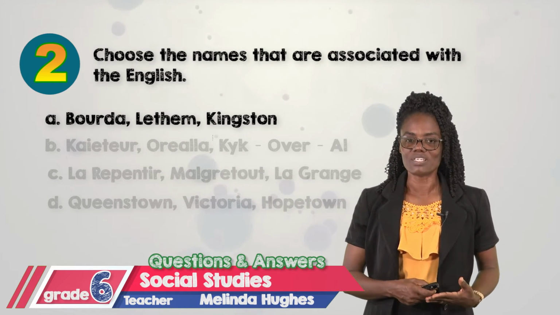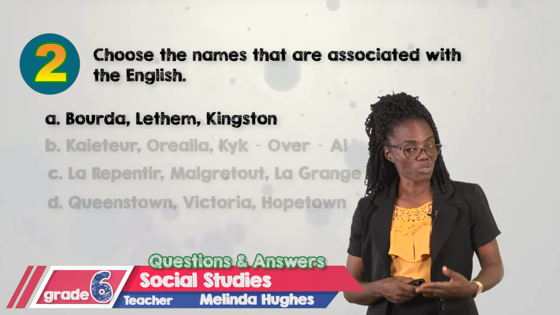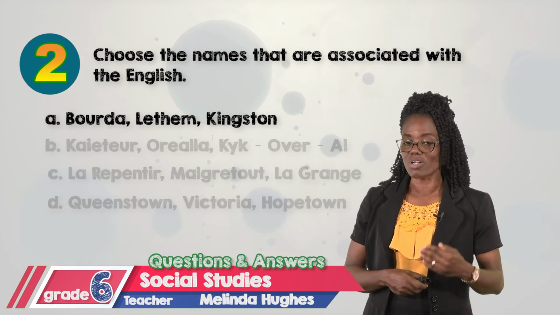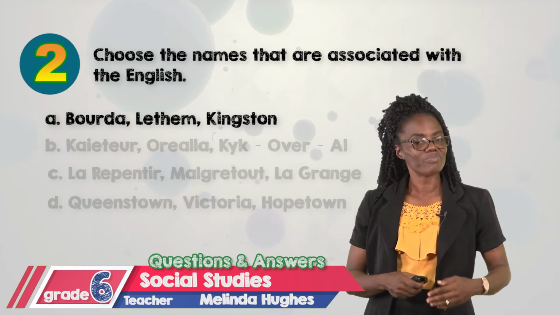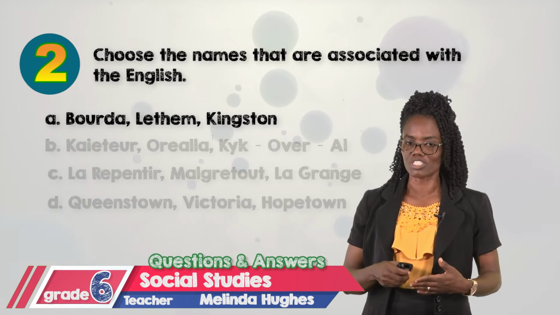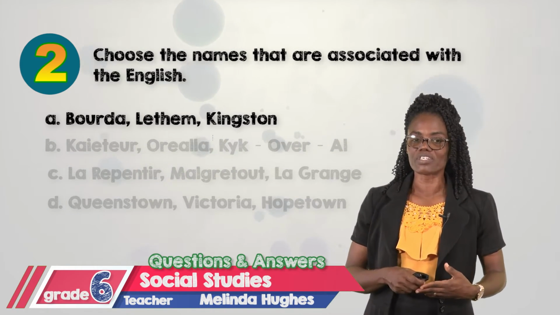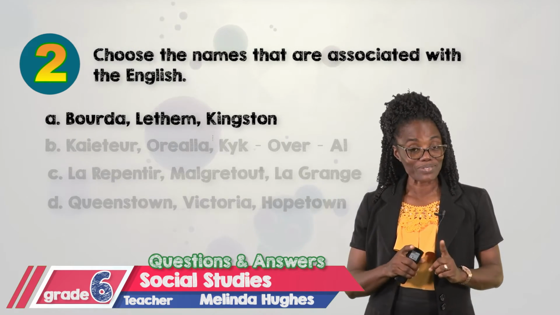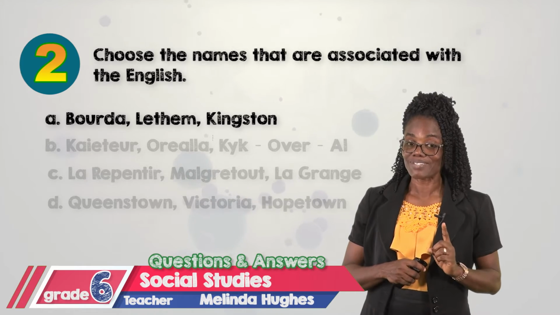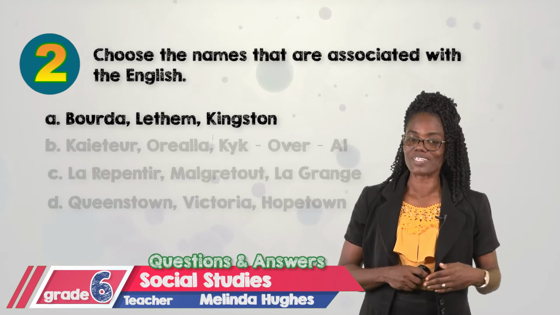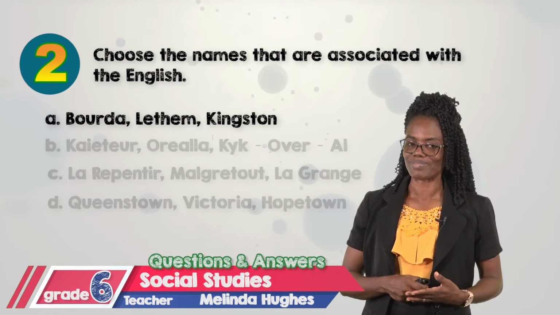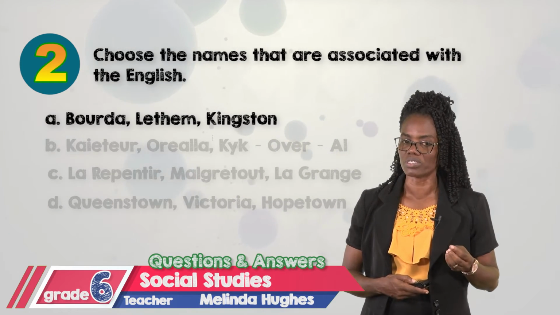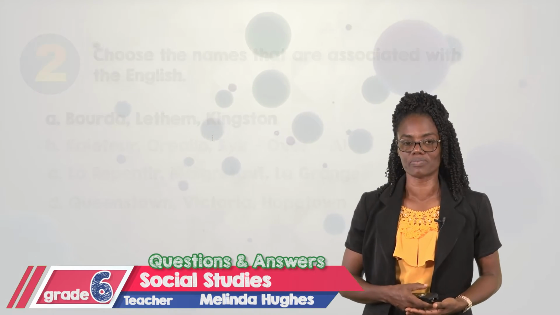Those are some of the names that the English Europeans contributed to the Guyanese society. All the other names are from the Amerindians or the Dutch or the Africans or the French. So as you see it there, you will identify which ethnic group is associated with those other names. Of course, the answer for question 2 is A, Border, Lethem, and Kingston.